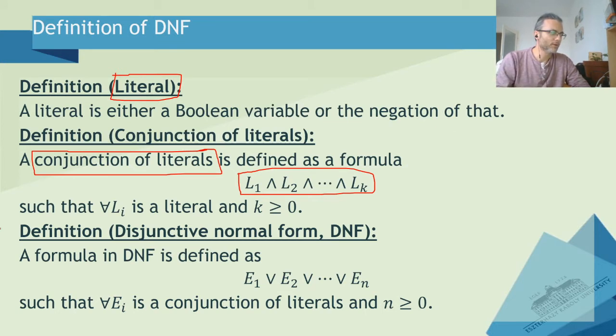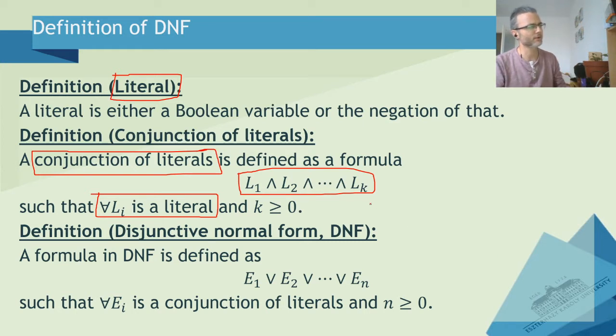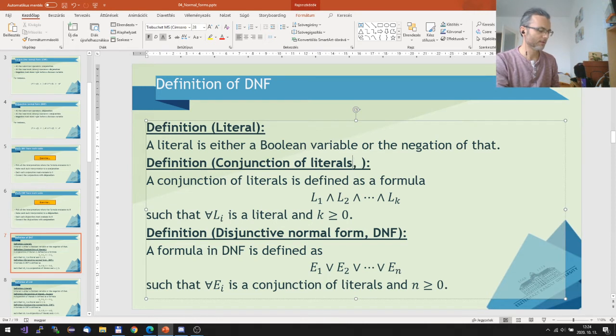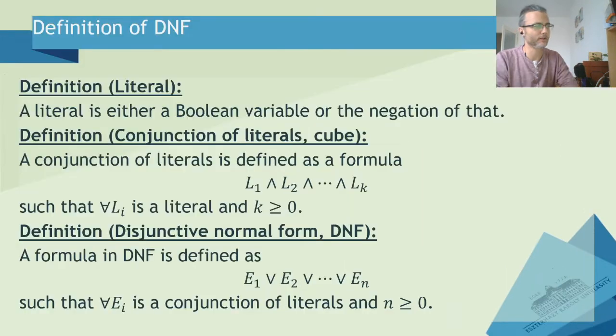Here it is important to specify that each li is a literal, and that's it. So this defines the stuff between parentheses in the DNF, conjunction of literals. Actually, it has an alternative name. In computer science, the conjunction of literals is also called a cube. I don't know why. This is an alternative name.